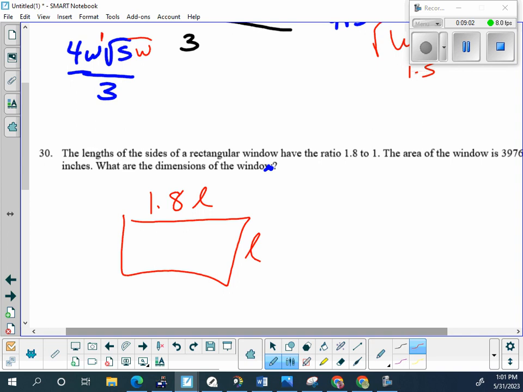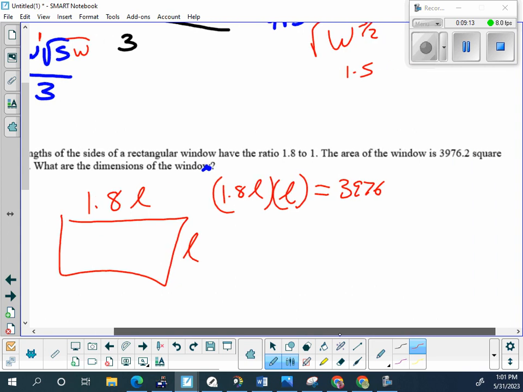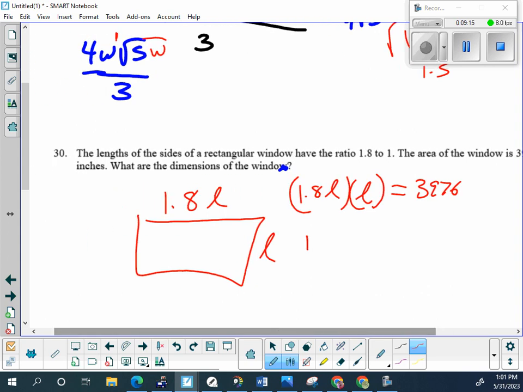So this length is 1.8, and this is L. You can do it that way. So it's going to be 1.8L, one side, times the other side L, is equal to 3976. This is going to be 1.8 L squared equal to 3976.